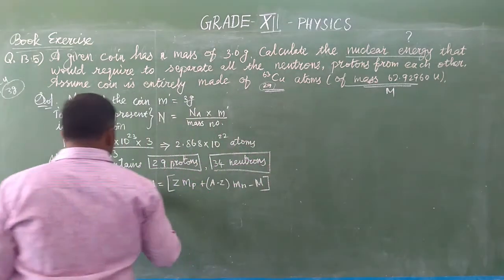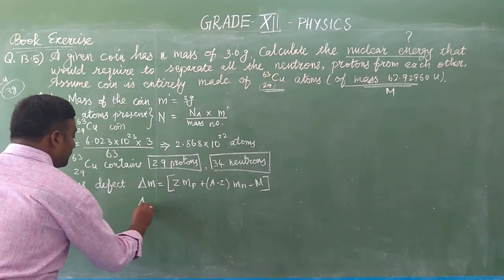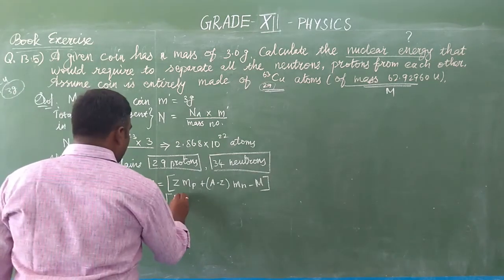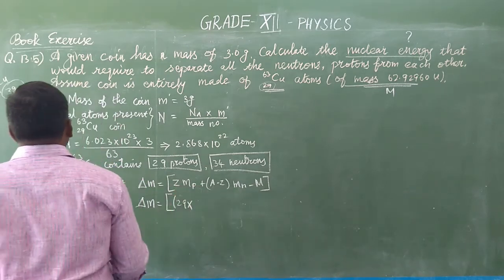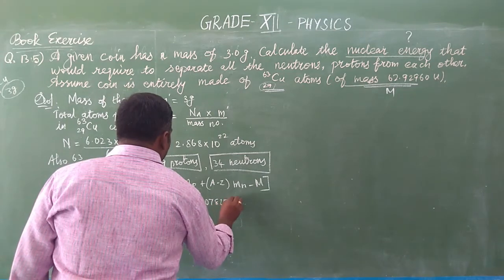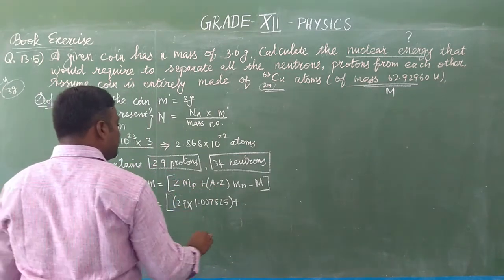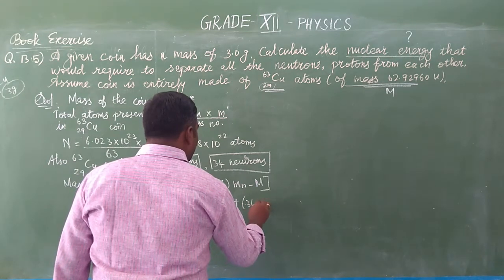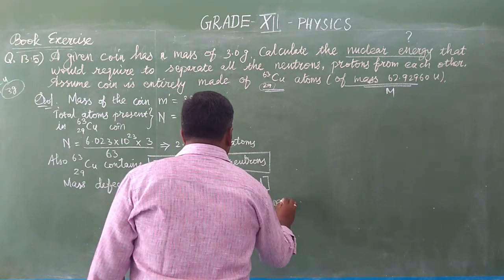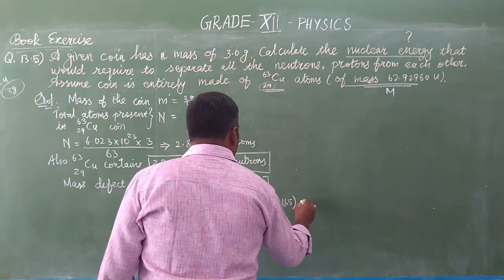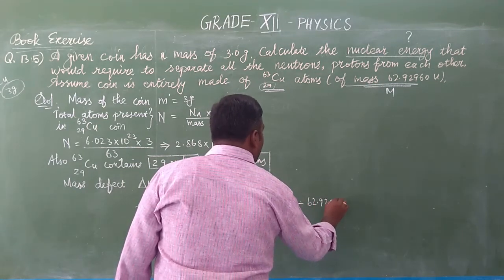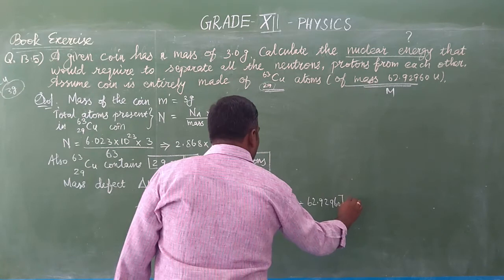Okay. So substitute all the values in this given formula. So 29 into mass of the proton, we know what is the mass of the proton, 1.007825 plus number of neutrons, we know it's 34, 34 into mass of the neutron is 1.008665 minus the atomic mass of the copper is given, that is 62.92960 unit.